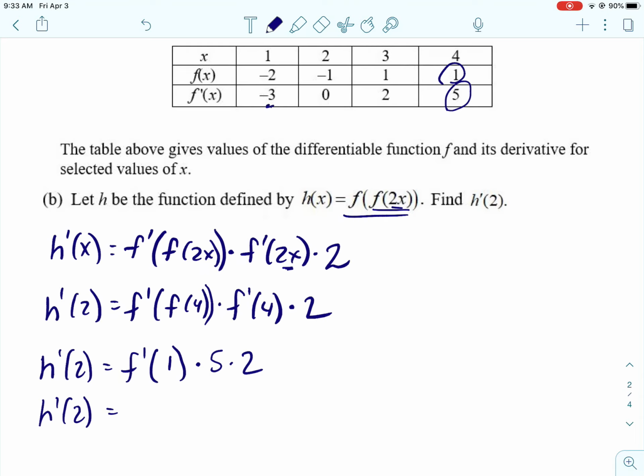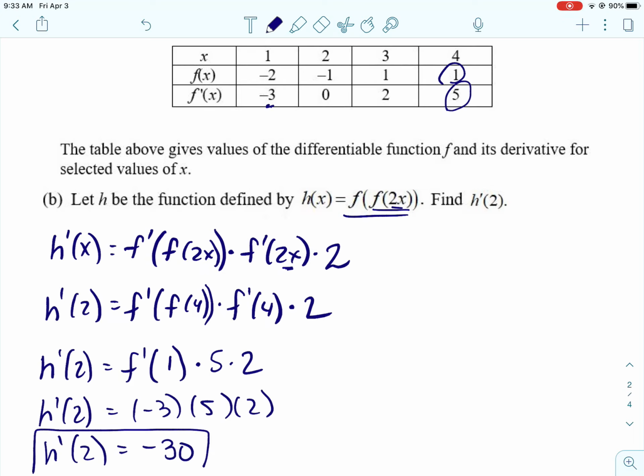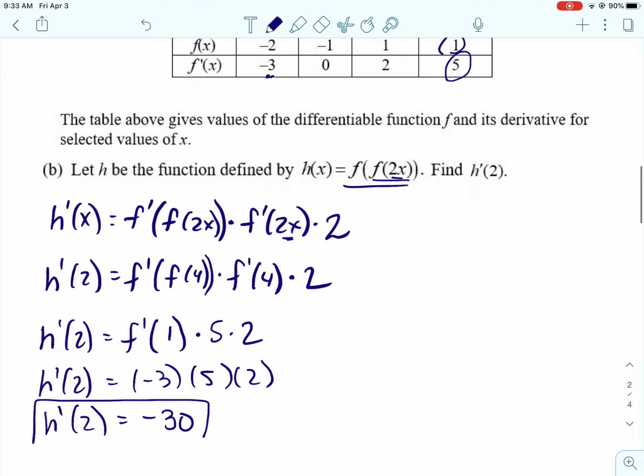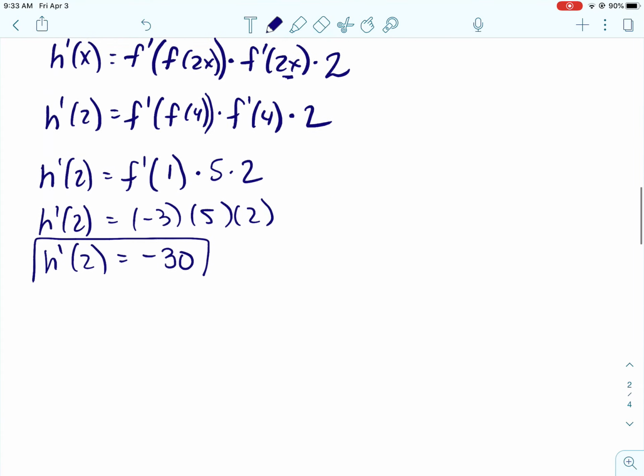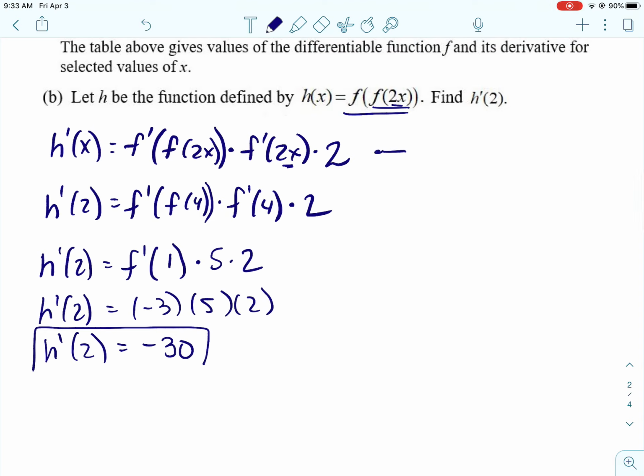F prime of 4 is 5. Okay, f prime of 1 is negative 3. So we have negative 3 times 5 times 2, which is going to be negative 30. Isn't that fun?